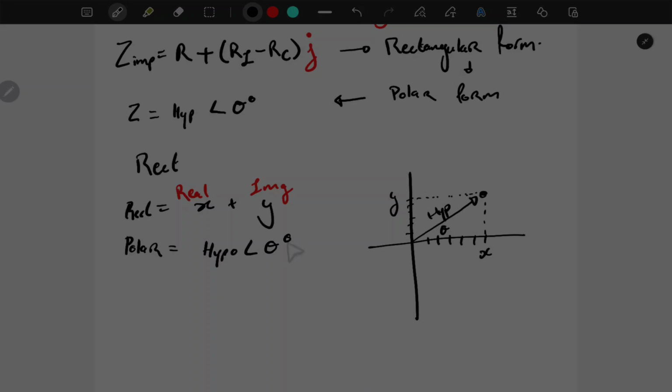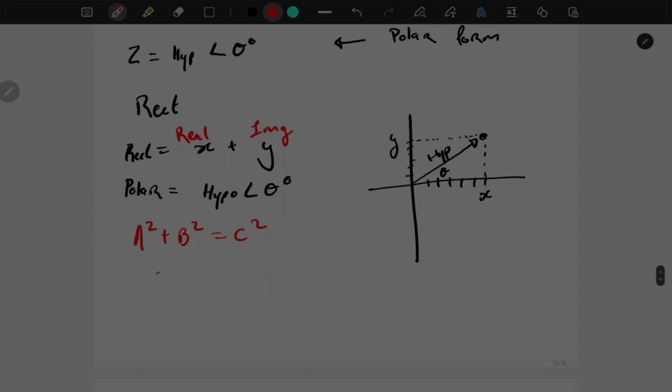Okay, just a quick reminder: a squared plus b squared equals c squared, you can use that. And then there's also SOHCAHTOA, or I like to write it like that. I like to remember it like this.